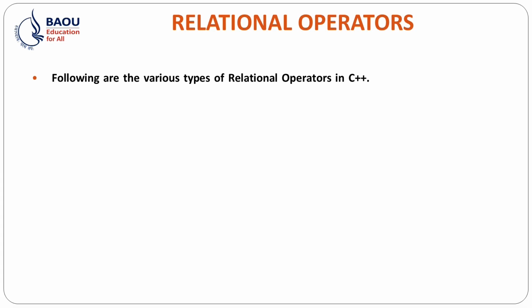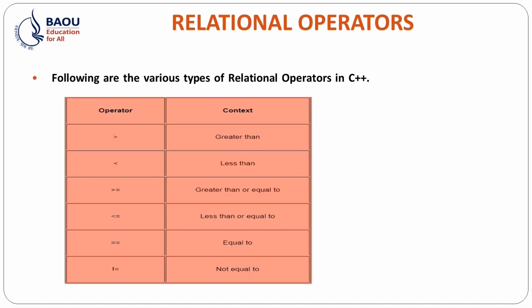Following are the various types of relational operators in C++: equal to, greater than, less than, greater than or equal to, less than or equal to, and not equal to.